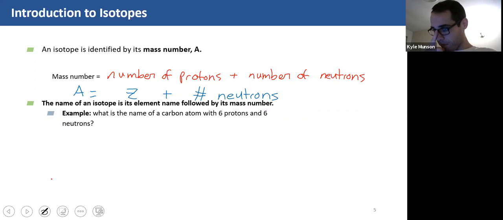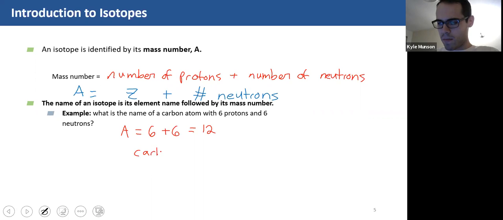Well, we know that A, its mass number, is equal to 6 plus 6, 6 protons, 6 neutrons, so 12. So this isotope is going to be called carbon-12. It would be the carbon-12 isotope.